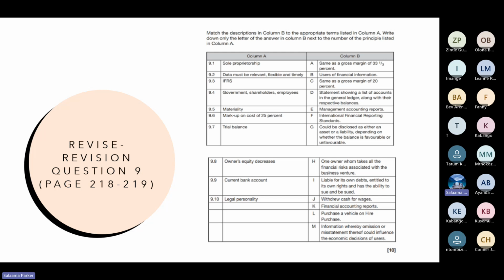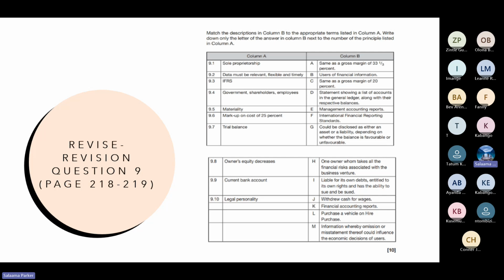Markup on cost of 25%. What is the correct answer for that? The correct answer is C, same as gross margin of 20%.